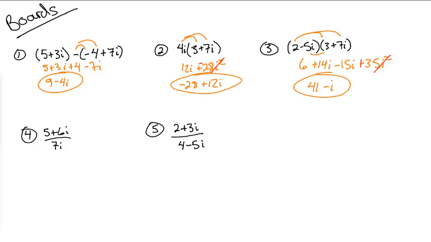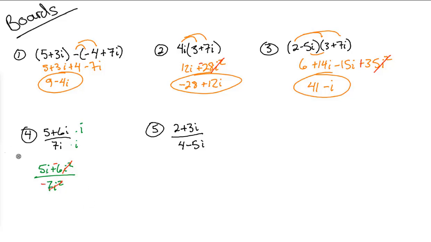And the bottom ones. All right, this is division, which means we're just really rationalizing the denominator or realizing the denominator. Is that a word? I don't know. We're going to times by i and times by i. So on the top we get 5i plus 6i squared over 7i squared. The i squareds become negative 1, negative 1.